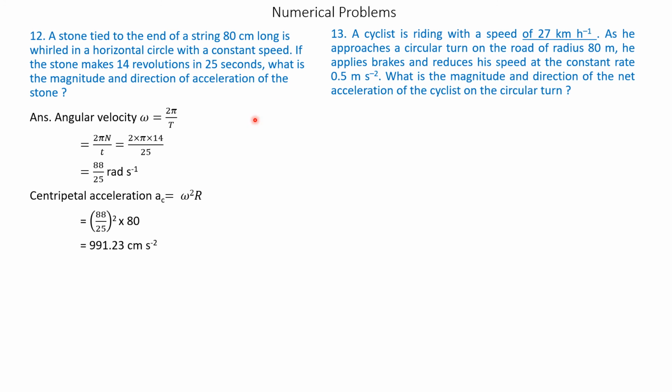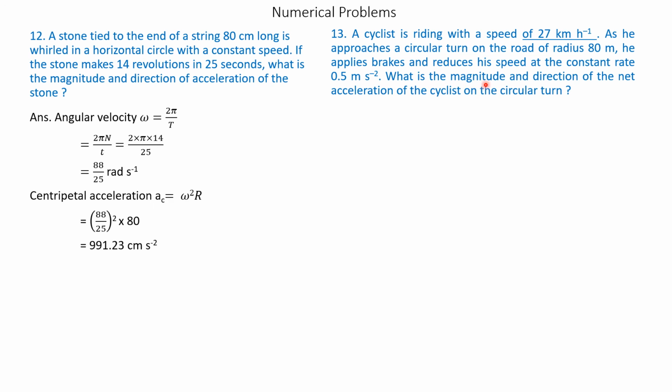Next question, question number 13. A cyclist is riding with a speed of 27 kilometers per hour. Please note the speed is 27 kilometers per hour. As he approaches a circular turn on the road of radius 80 meters, he applies brakes and reduces his speed at a constant rate of 0.5 meters per second square.